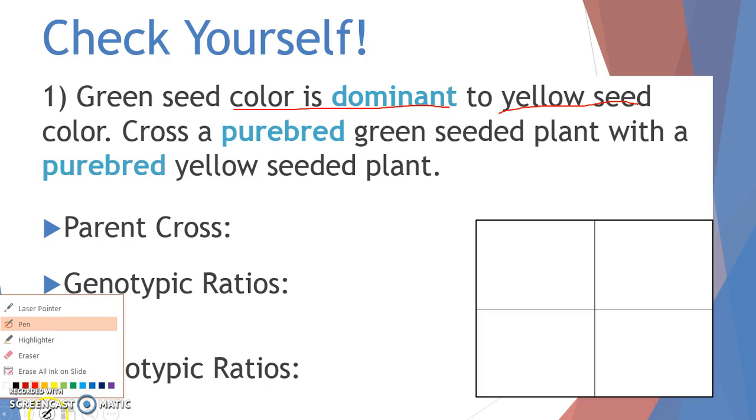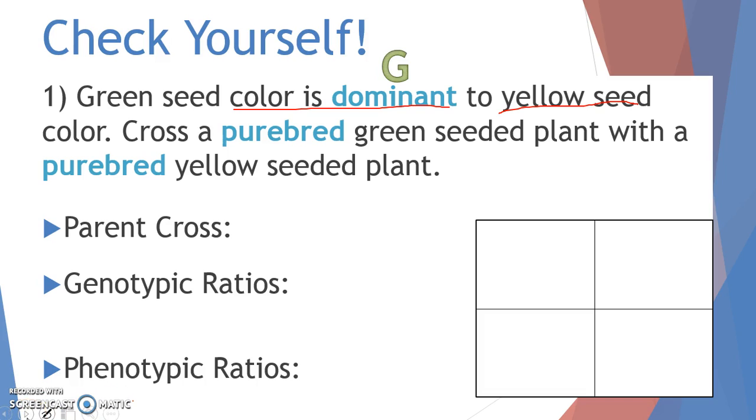Dominant alleles are going to be the letter G, because G for green, and it's capitalized. That means a yellow seed is recessive, even though it doesn't say that in the problem, but we know because it says green is dominant to yellow that yellow has to be recessive. So yellow is assigned the allele lowercase g.